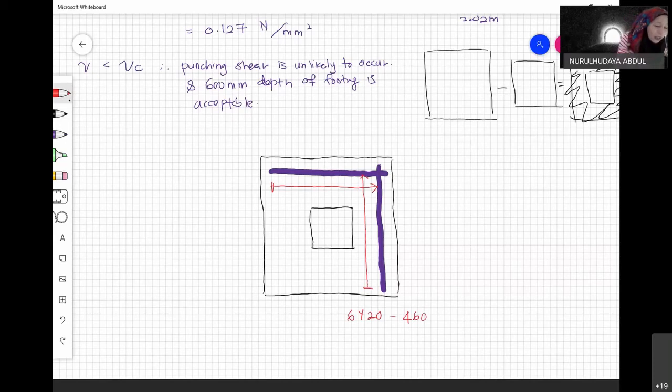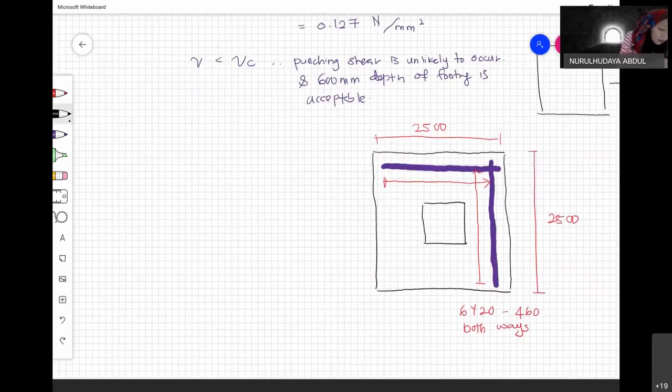Kalau check balik spacing dekat atas yang kita ada kira sebelum ni, it is 460. So both ways maksudnya longitudinally and latitudinally. Okay. And also dia punya width which is 2500.